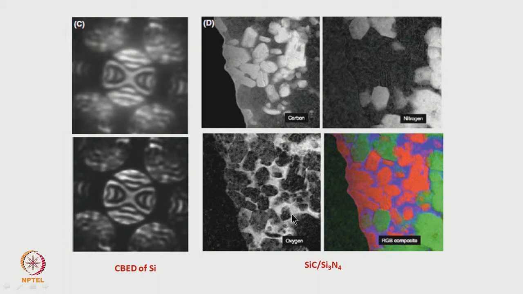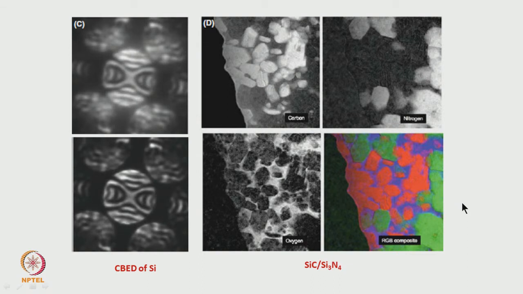These are all the regions which contain oxygen. This is the composite picture, using different color codes. This is essentially silicon carbide and silicon nitride. So how the carbon, oxygen, nitrogen are distributed on the sample surface, that information we can get.